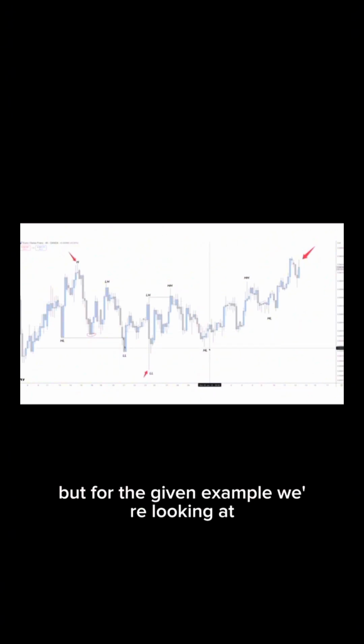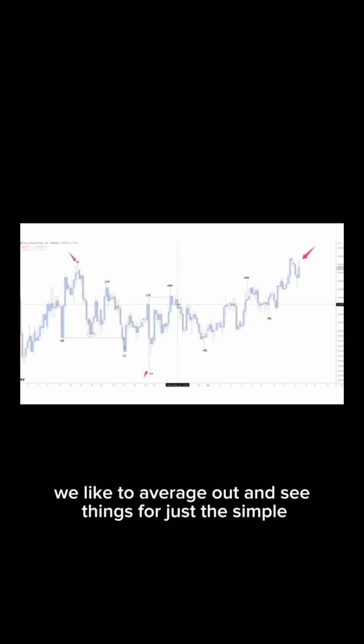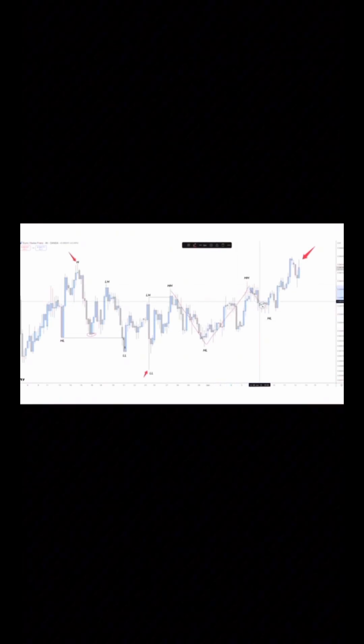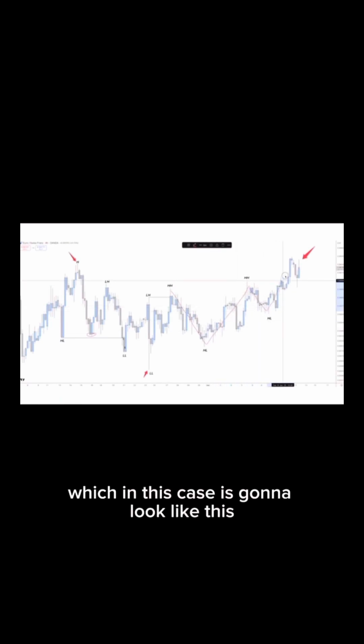But for the given example we are looking at, we like to average out to see things as just simple individual highs and lows, which in this case is going to look like this.